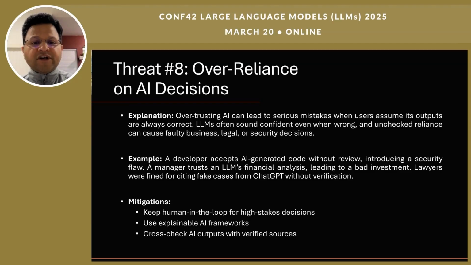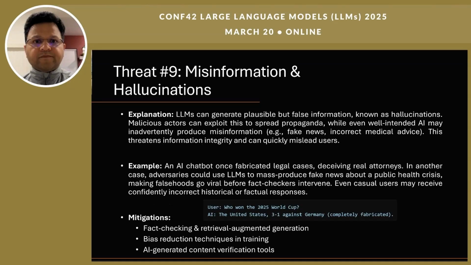Use explainability tools or structured prompts, for example, chain of thought, to understand how an LLM arrived at its conclusion. Cross check critical outputs against known data sources or additional AI systems to avoid a single point of failure.